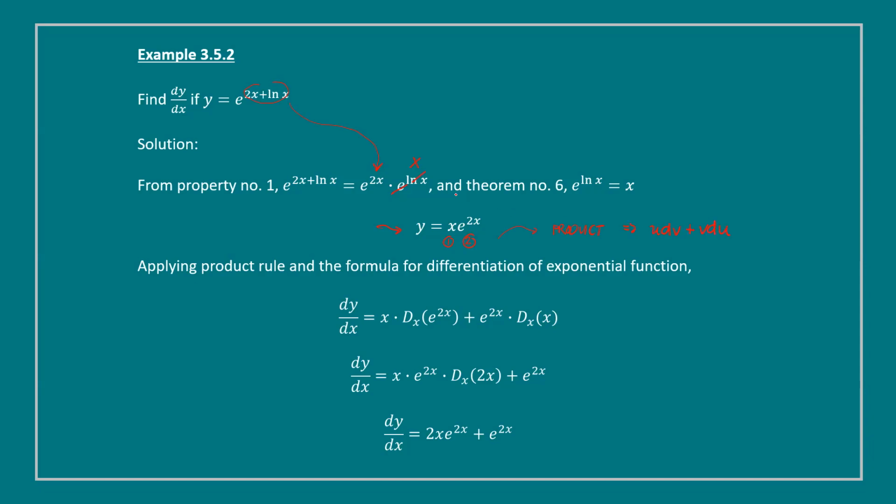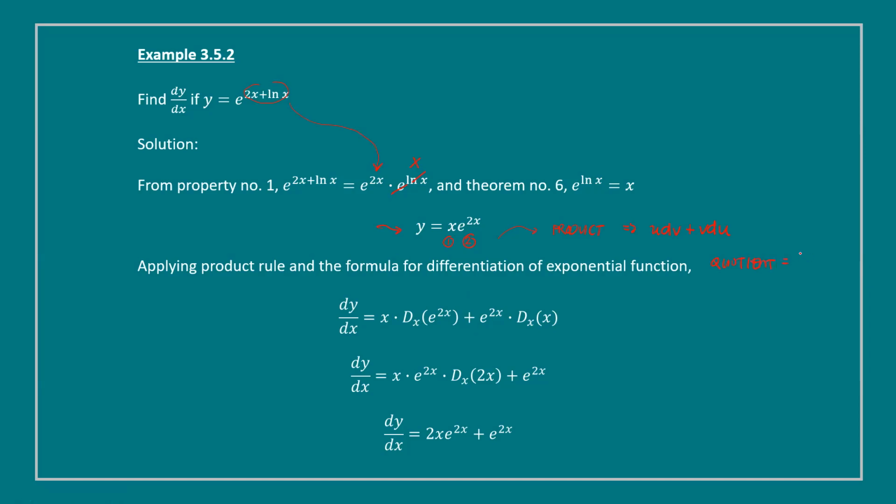Okay, so I think that's what you need to observe here. So again, if it's multiplication of two different functions, or let's say multiplication of two terms, regardless of their type of function, you have to use the product rule, the basic product rule. If it's division, that would be quotient rule. So quotient, right?